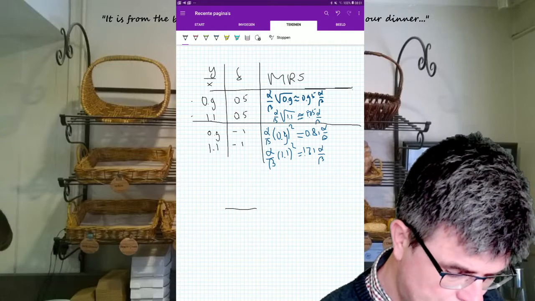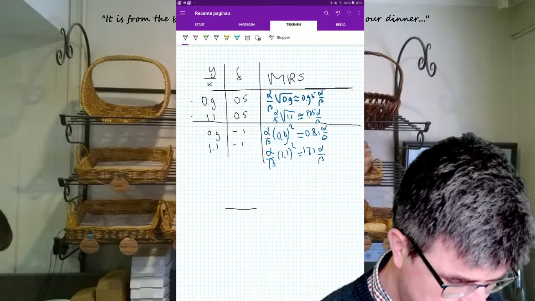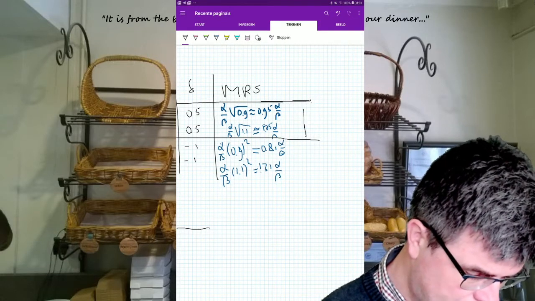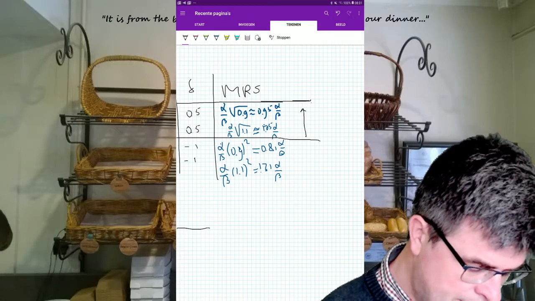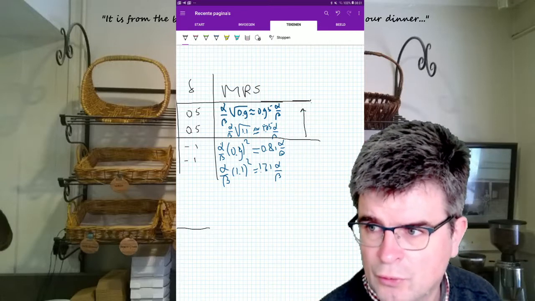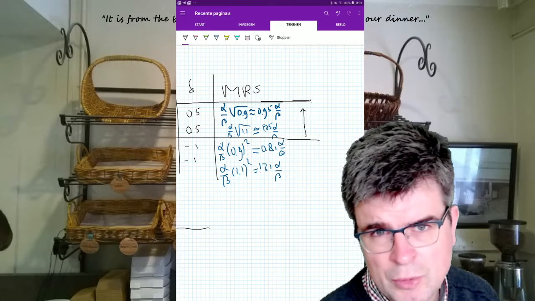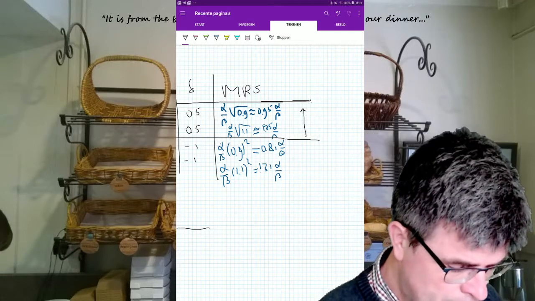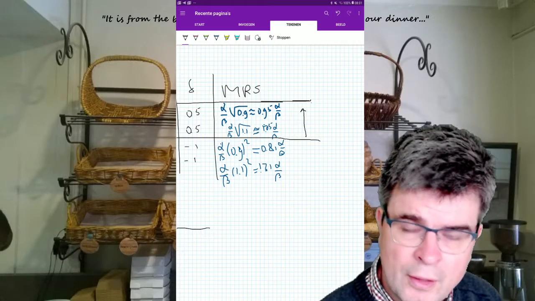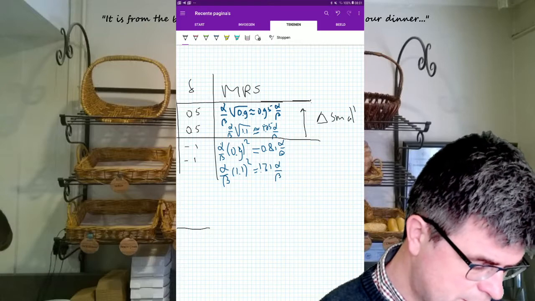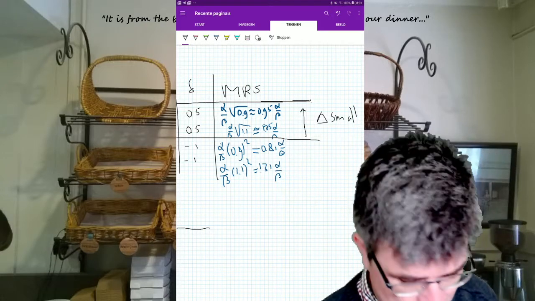If we move from the 1.1 line to the 0.9 line, then we experience not that much of a change in the marginal rate of substitution. So we go from 1.05 alpha over beta to 0.95. So the delta, the change, is relatively small.